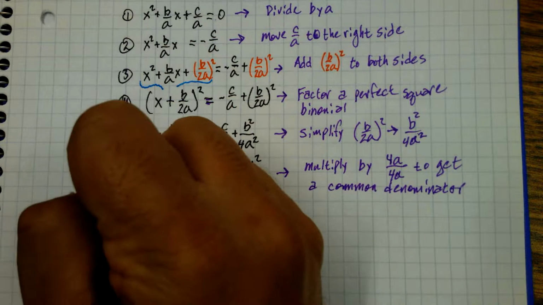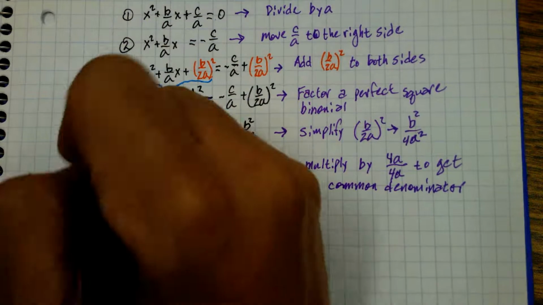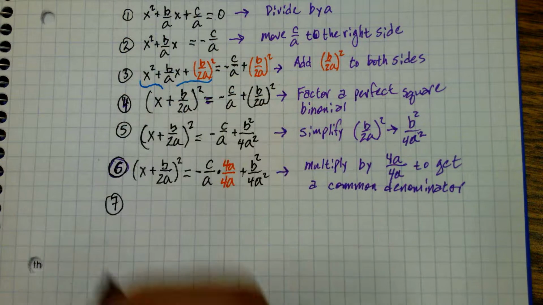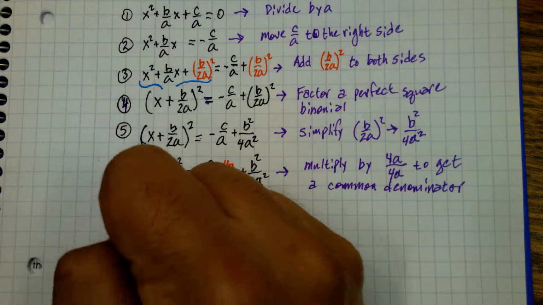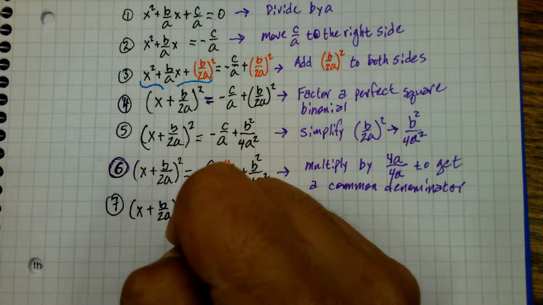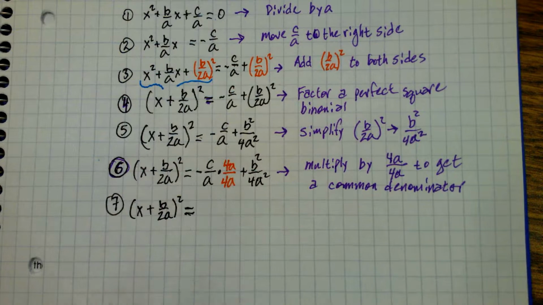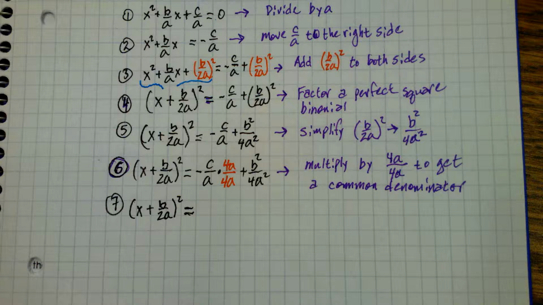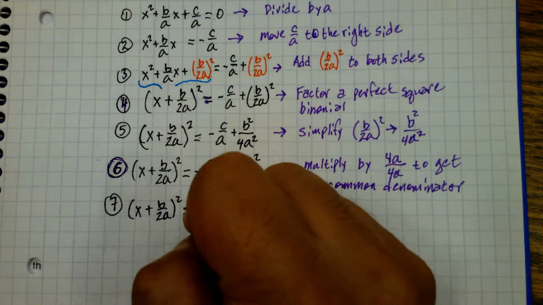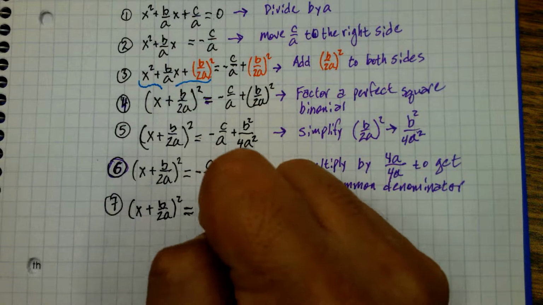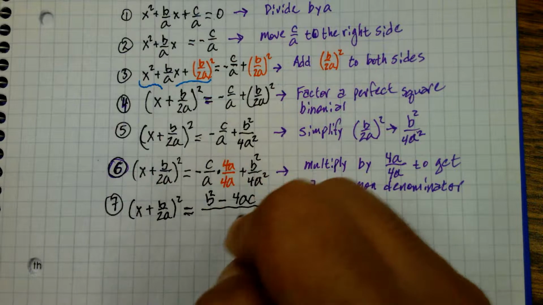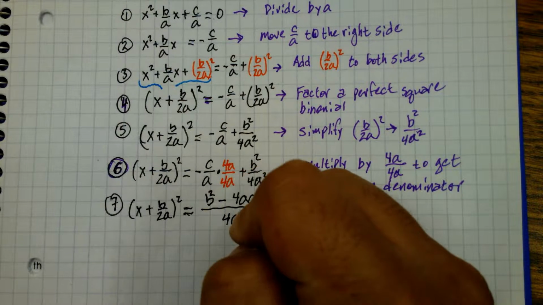Okay. So this is step 7. This stays the same. X plus b over 2a squared. And we're just going to put everything under one denominator. But for it to look a little neater, since our denominator is 4a squared for both, I'm going to write it this way. B squared take away 4ac all over 4a squared.